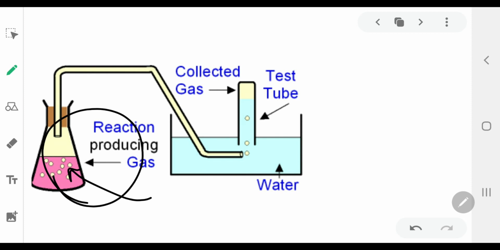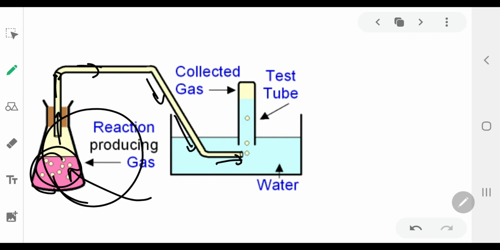Maybe it's going to produce hydrogen gas or oxygen gas. In your syllabus, usually they use oxygen gas, O2, or hydrogen gas. Whatever gas they use, when the gas is released from this reaction, the gas particles will travel along the tube.